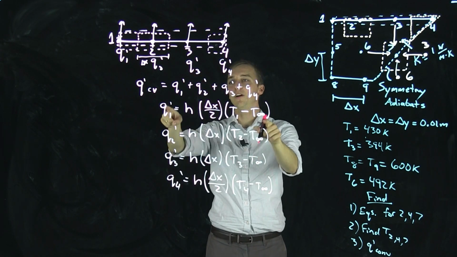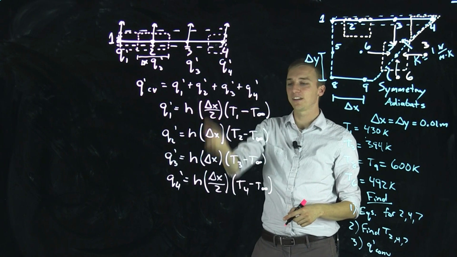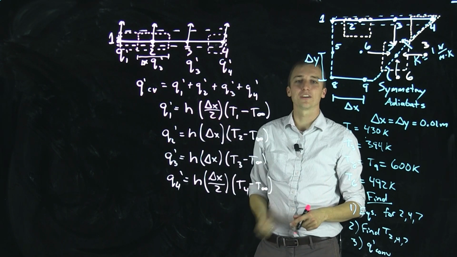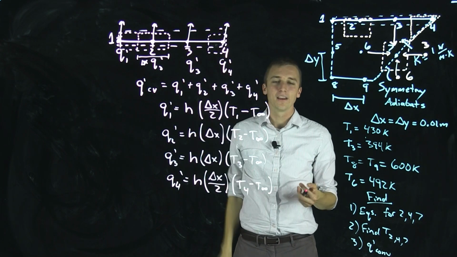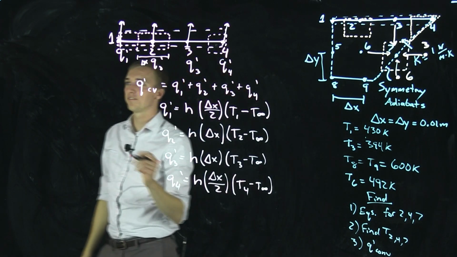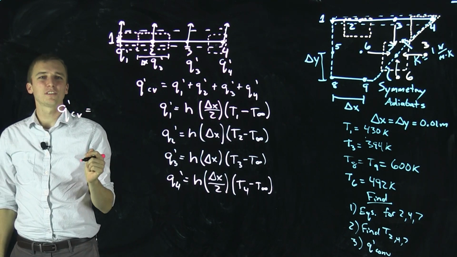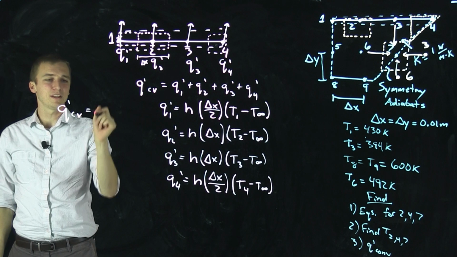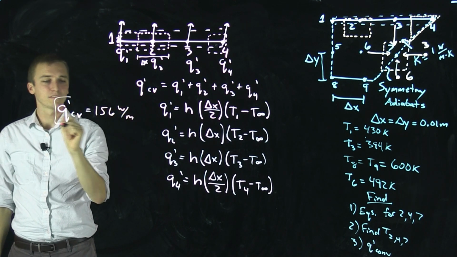So we can just put all 4 of these equations together and add them up. We know h, delta x, and we know all of our temperatures now that we have solved for T4. And we can solve for the total convective loss from our surface, which is going to be equal to 156 watts per meter.